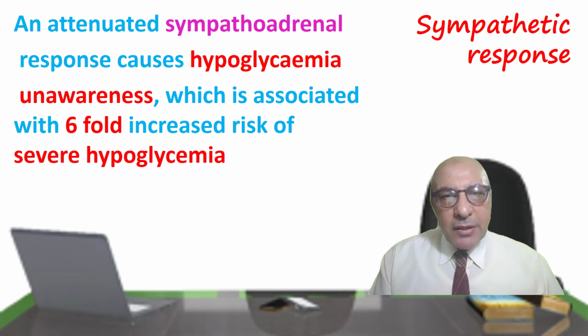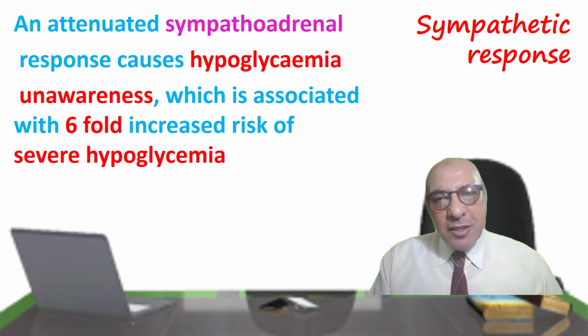When this sympathetic stimulation happens in a normal person, there is what we call the behavioral defense mechanism. The patient will immediately get some food, some carbohydrate, to correct the symptoms he feels. But the problem with long-standing diabetes, especially type 1, is that the sympathetic response is attenuated. It is decreased, less than normal.